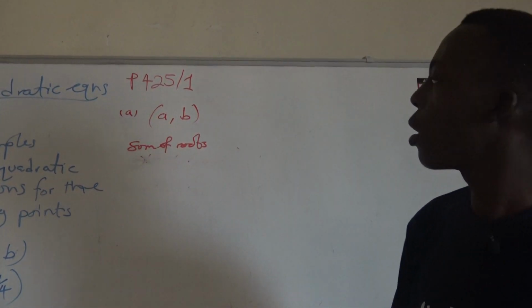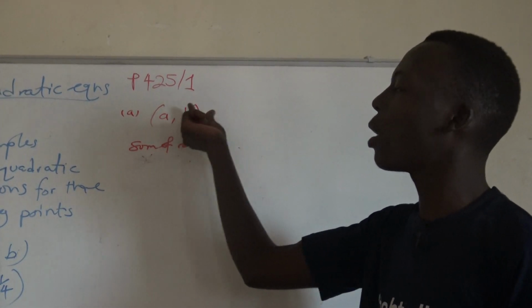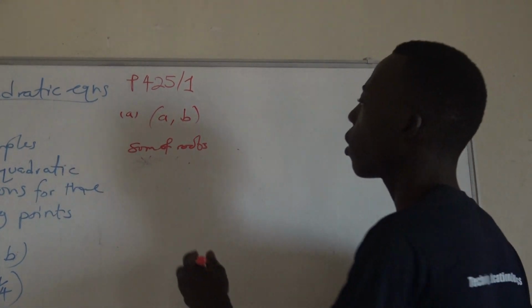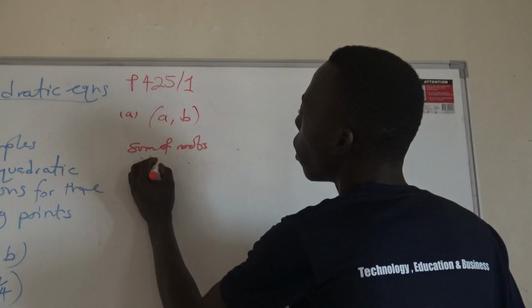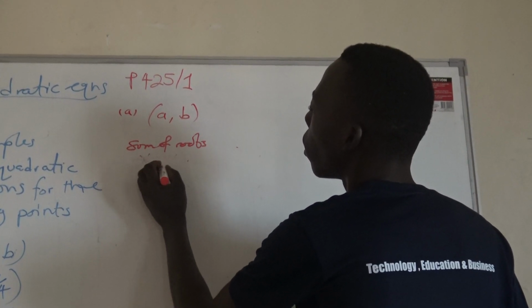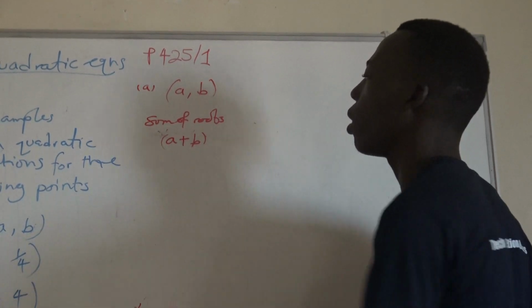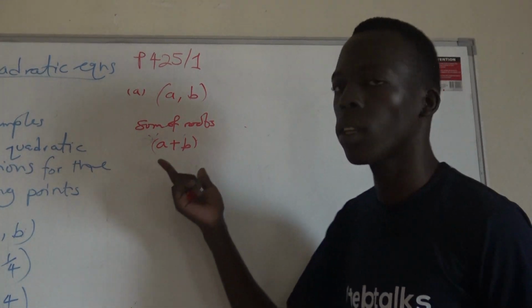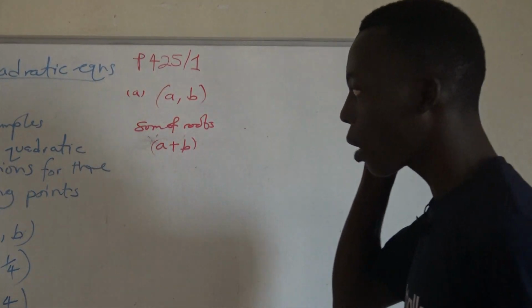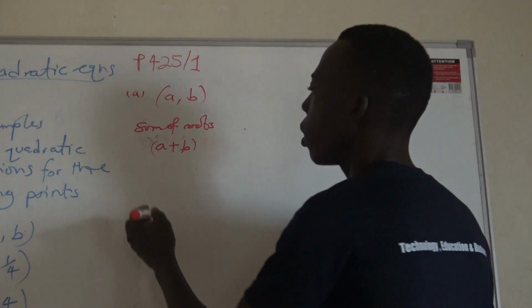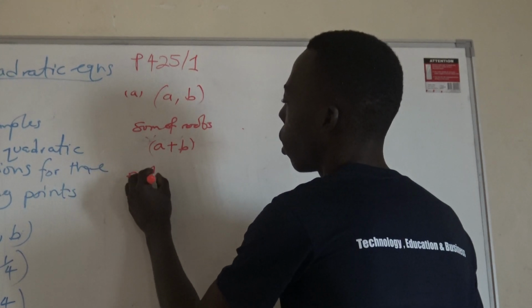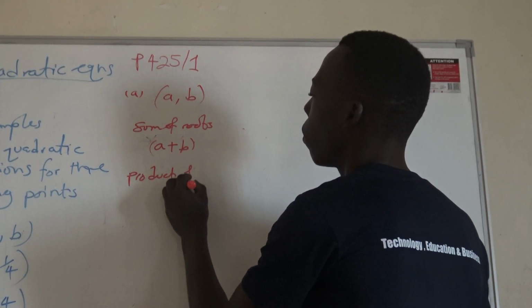For that case, it will be this one plus this. So the sum of roots will be A plus B. Now, after getting the sum of roots, we have to get the product of roots.